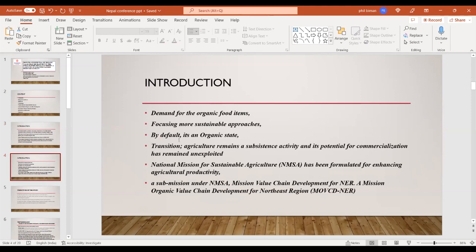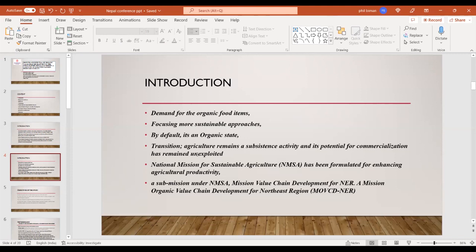As I already mentioned, today we have witnessed a day-by-day increasing demand for organic food items, and I particularly selected a spice, large cardamom. In India's export records, India is the second highest producer, with producers like Sikkim, then Arunachal Pradesh, then Mizoram and other Northeast states.